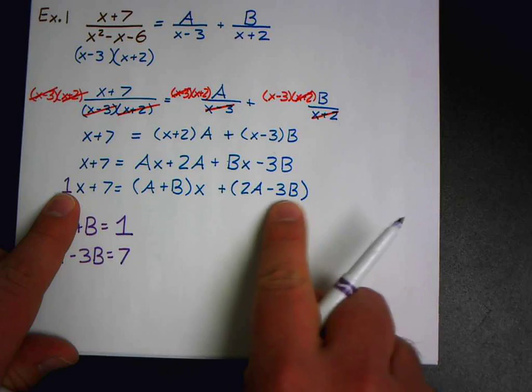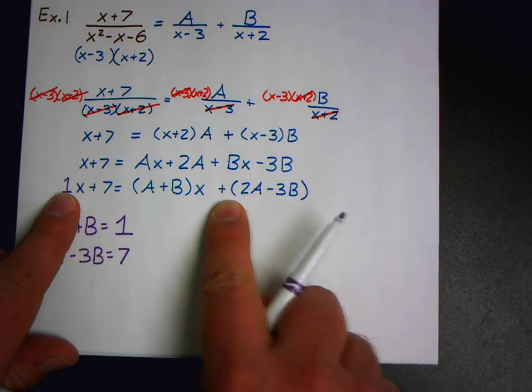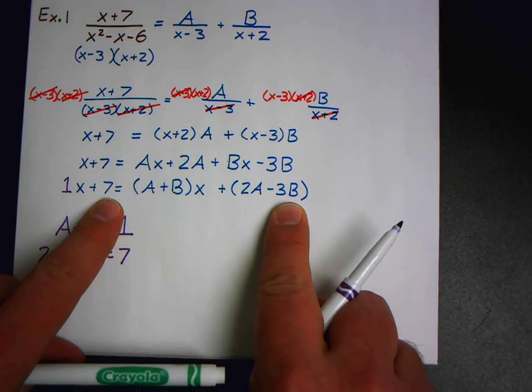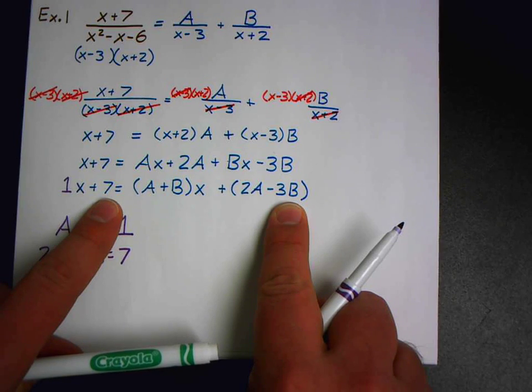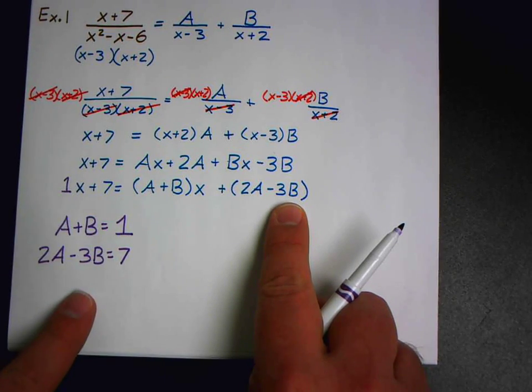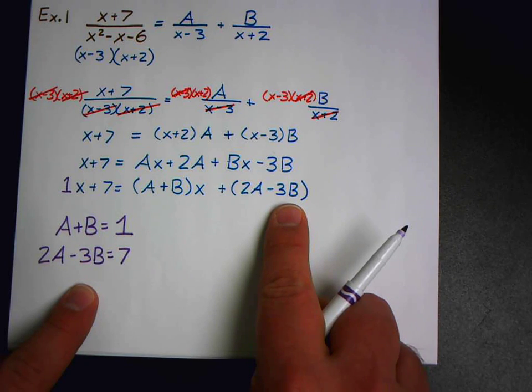Whatever the constant term is over here has to be equal to whatever the constant term is over here. So I set up two equations. So I have a system of equations.